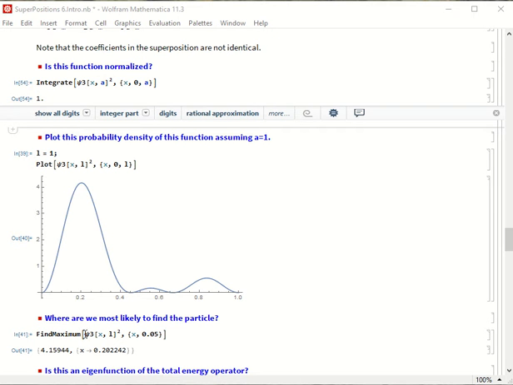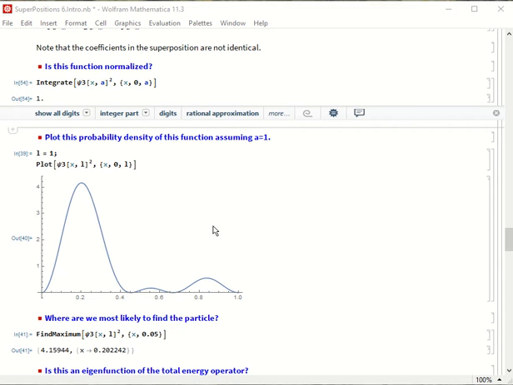If we do the find maximum function using the probability density, which is our wave function squared, we find that the maximum is at roughly 0.2.